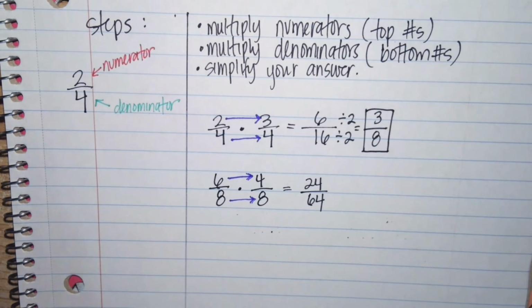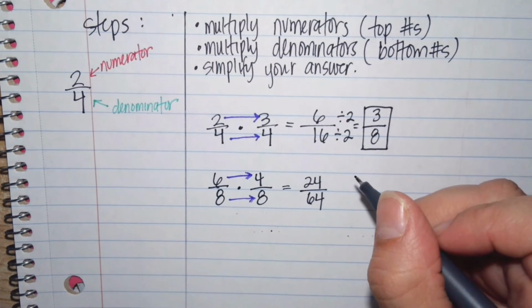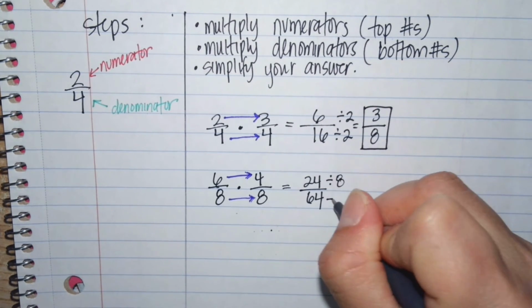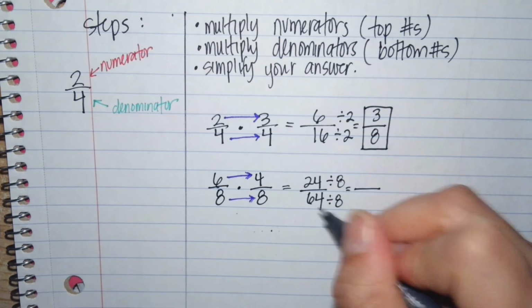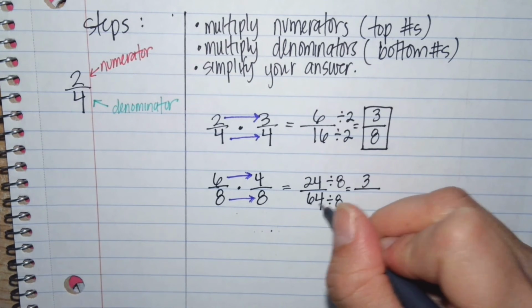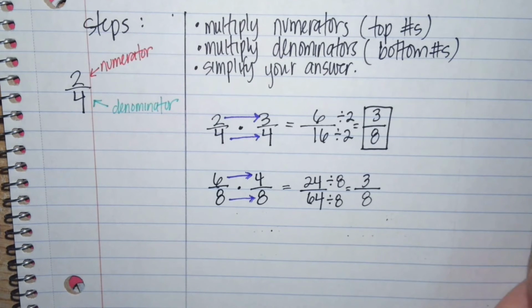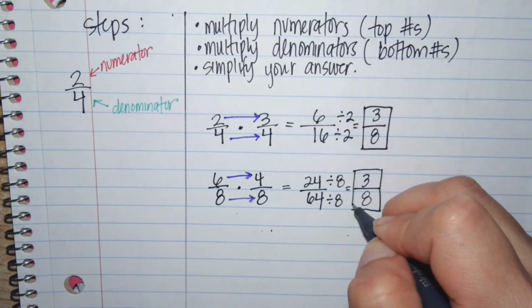So I'm going to use 8. If you use 2, it's okay. It's just going to take you longer to get there, but it's going to be the same thing. So I'm going to divide top and bottom by 8. 24 divided by 8 is 3, and 64 divided by 8 is 8. And curiously, we got the same answer as the first one.